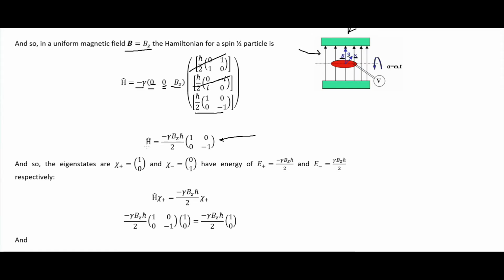And so this is our Hamiltonian operator when we are in a uniform magnetic field pointing in the Z direction. So we have our eigenstates, which once again are the chi plus and the chi minus, which is just the basis vectors here, or the basis spinors rather. They have an energy of E plus, so that's associated with our chi plus there. And that's just the negative of this right here.